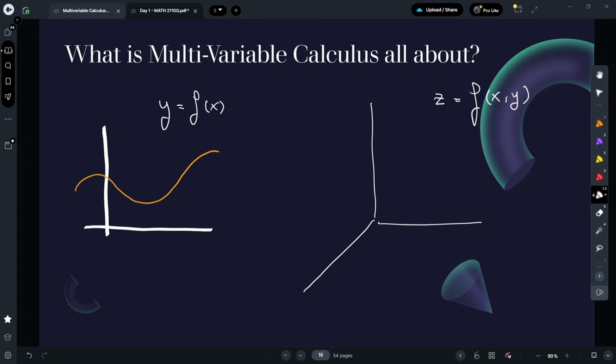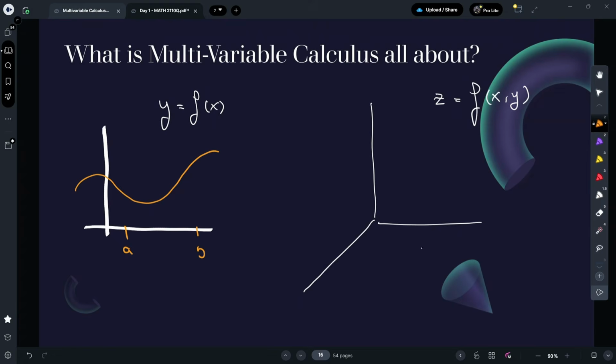And for those, well, there will be graphs, but now maybe this function was defined in some interval between a and b. But immediately things get a lot more exciting when you have more variables to talk about, because the domain of your function doesn't have to be an interval, it could be a rectangle. That's the easiest that it can be.